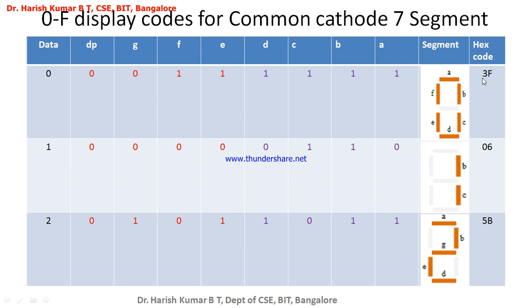This is my data. And similarly, to display the digit 1, which are the segments to be glowing? B and C. Either you can make B and C glow, or F and E. So I am making B and C glow. For these two to be glowing, I want to make B as 1 and C as 1, and the rest all 0.